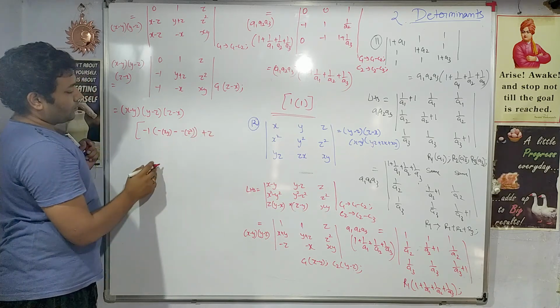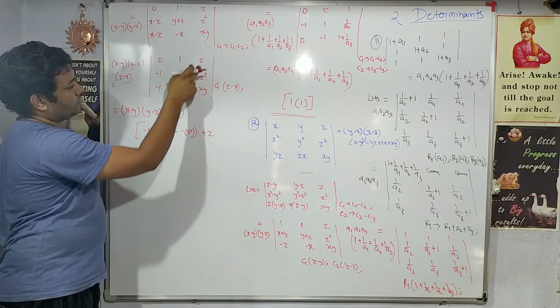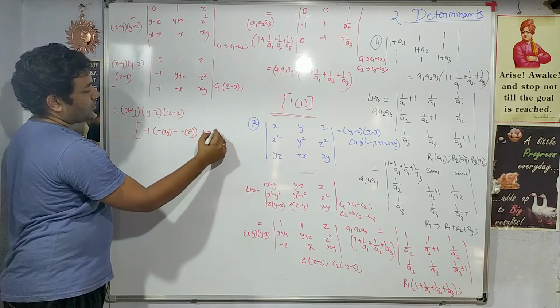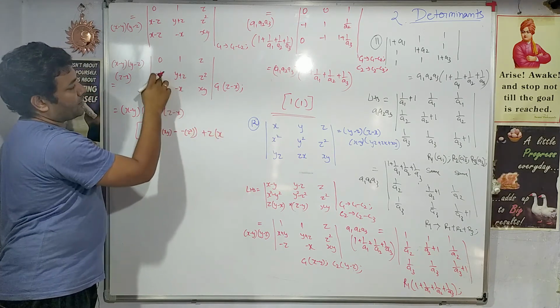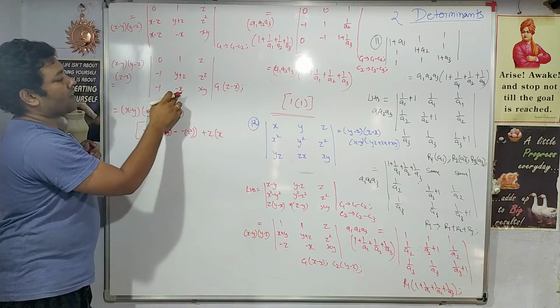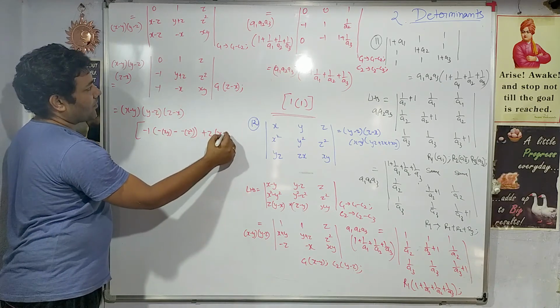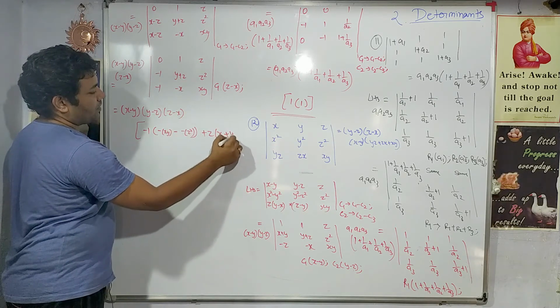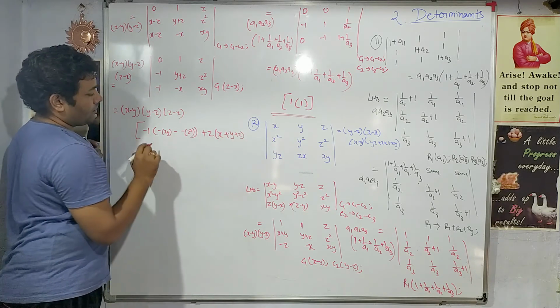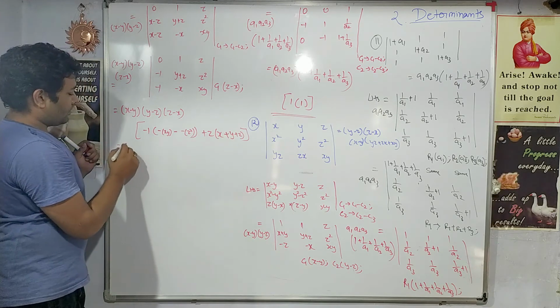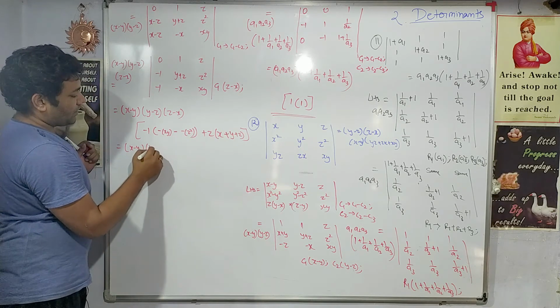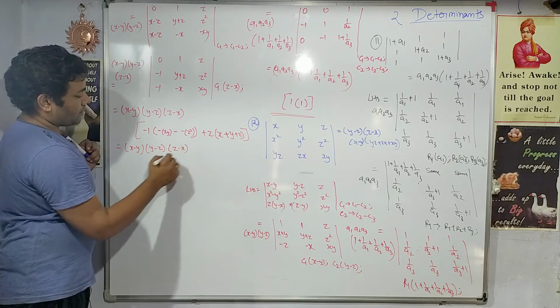Then plus z into x, right? Minus x into minus 1 will give me x, and then minus becomes plus, y plus z it will be. So this is it, x minus y, y minus z, z minus x.